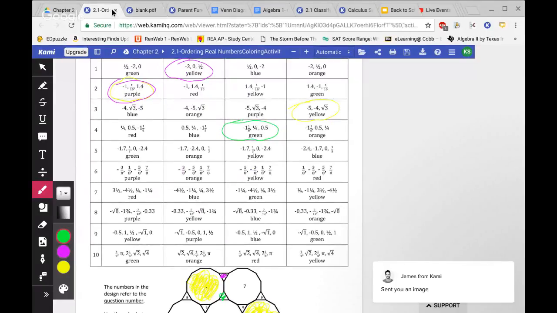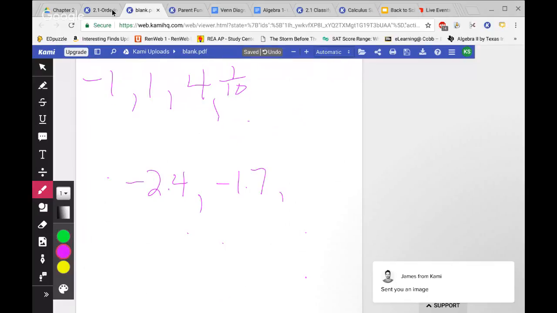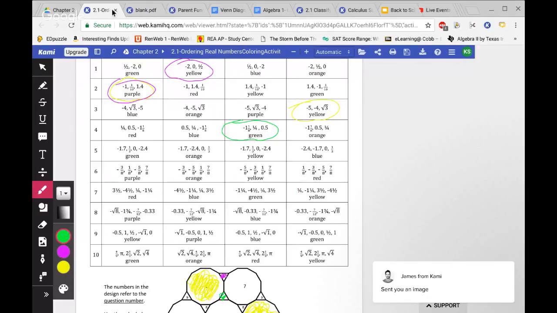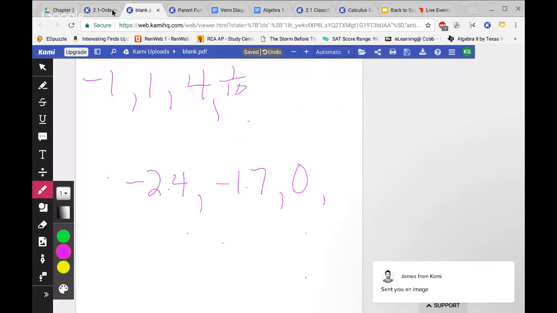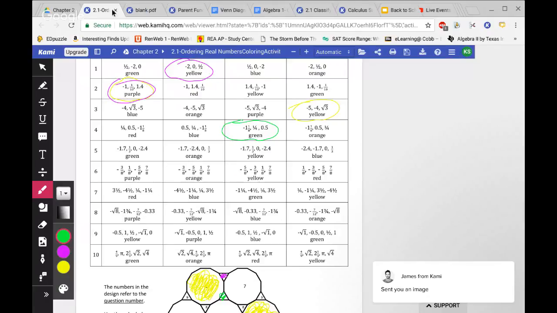And then the next smallest is obviously going to be 0. And then the next one's going to be 1/3. So which one is that?